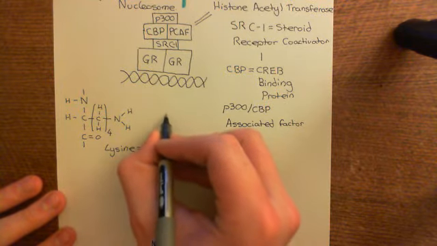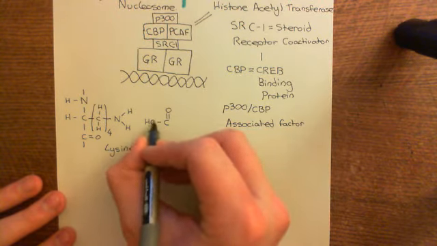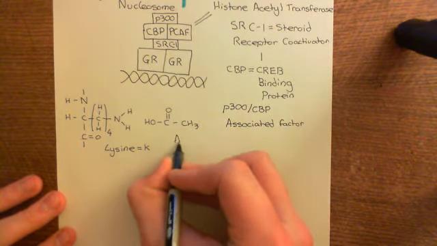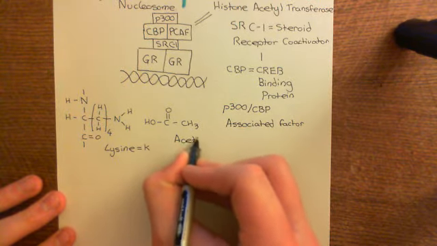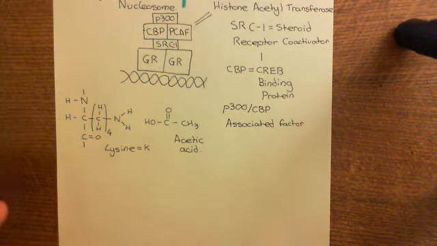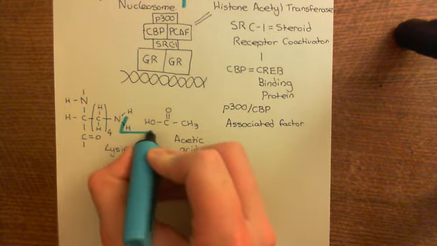Now basically you can add acetate or acetyl groups onto this amino group of the lysine. So let me show you the structure of acetic acid. Here's the carboxylic acid group, and then you just have a methyl group off like this. So this is the structure of acetic acid. It's what would now be called ethanoic acid, and it's what's in vinegar basically. Now you can form an amide link between this amino group here and this acetic acid molecule.